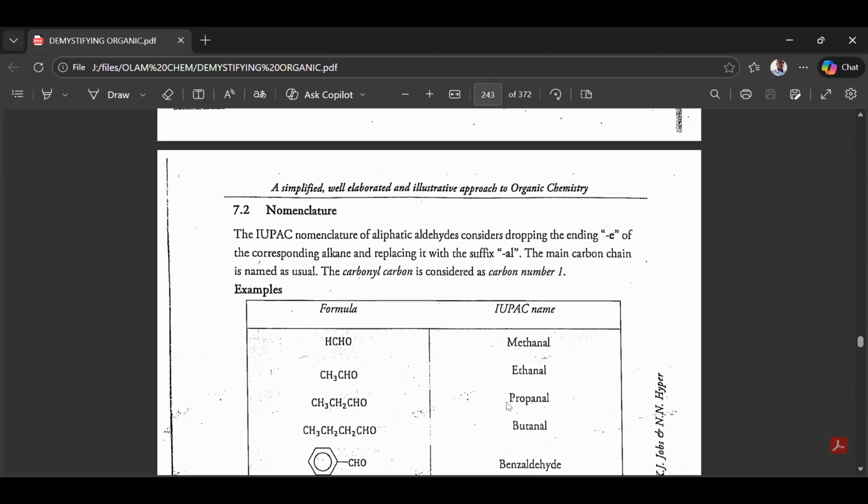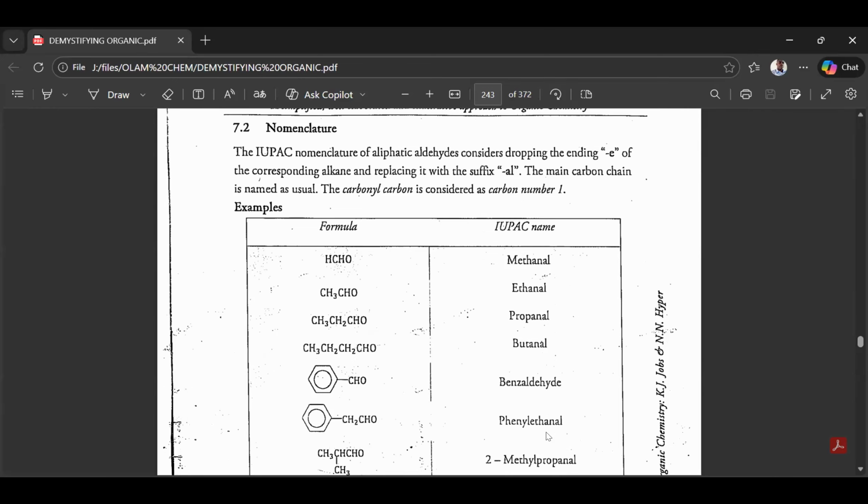When we go to an alkane with 4 carbon atoms, we call it what? Butane. So we remove the suffix -e, and therefore our aldehyde becomes butanal. Hope you see how we basically name that.